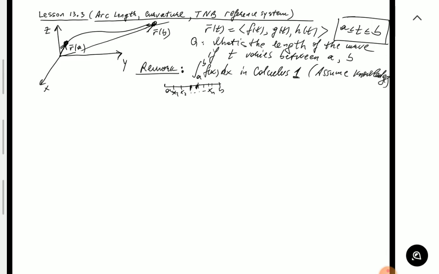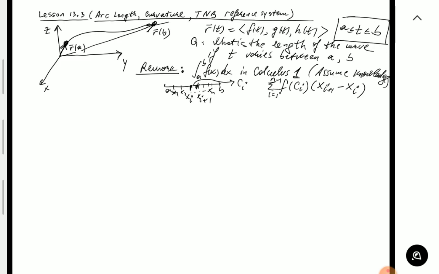So if I take, for example, a typical partition x_i, x_{i+1}, pick an intermediate point, let's call it c_i, and then the Riemann sum is basically a summation, just for the basic Riemann integral, of the function evaluated at that intermediate point times the length of that segment in the partition, x_{i+1} minus x_i, where i goes from 1 to n. Now, 1 to n minus 1, if I have to be correct, right? Because it ends with x_n.